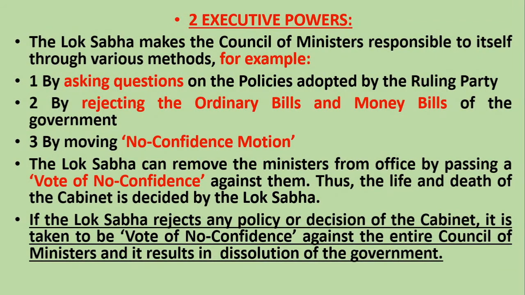When the other party or the other side gets a majority. So in all these three cases, the other side means opposition side is getting majority. That's why they are able to reject the government bills or suggestions. Okay. The Lok Sabha can remove the ministers from office by passing a vote of no confidence against them.